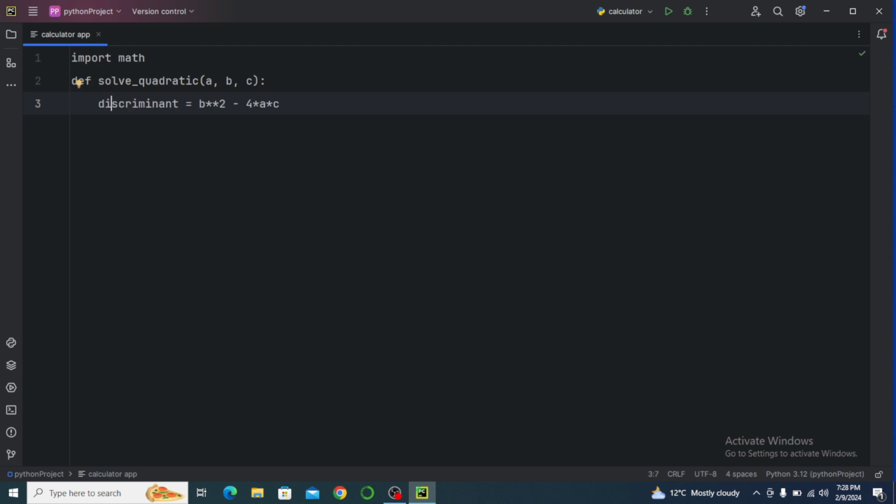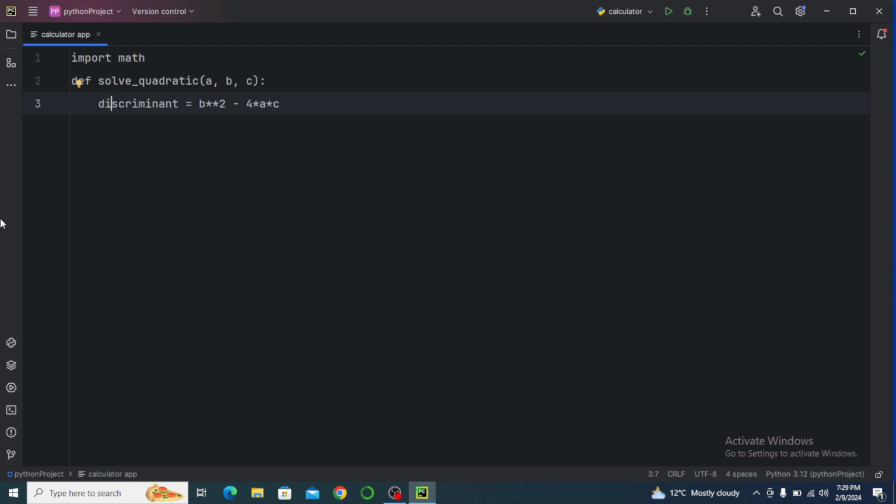Now we have already defined our discriminant, and I said earlier that it will help us know the nature of the roots that our quadratic equation is going to give us. So now we are going to handle the two cases of the root. The quadratic formula is minus b plus or minus the root of b squared minus 4ac, over 2a.